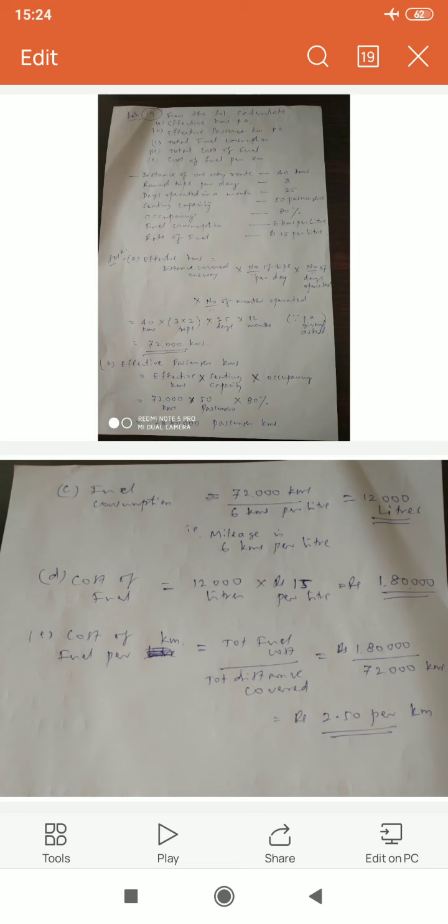No, I don't mean to say so. But if an element of error peeps in the ascertainment of your effective kilometers or effective passenger kilometers, you will never arrive at the accurate or exact answer in respect of operating cost. Therefore, keep every point in mind. Thank you.